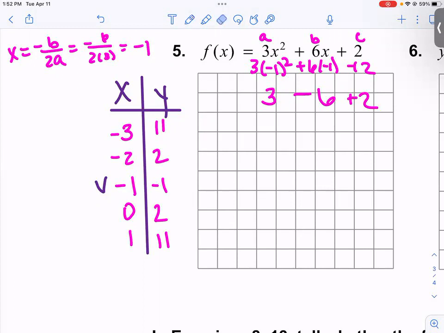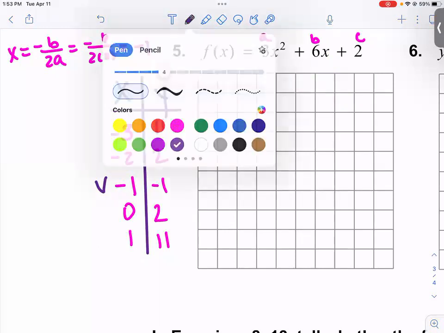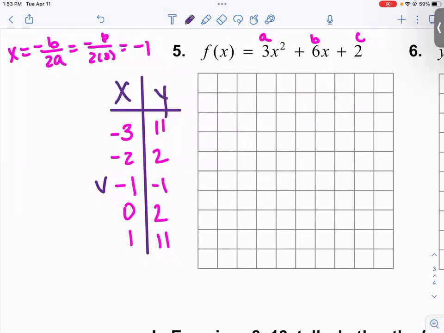Okay. So this is what I want you to do so that we can fit this on here. Here's my y-axis. Here's my x-axis. So -1, -1, here is my vertex. 0, 2, and -2, 2.